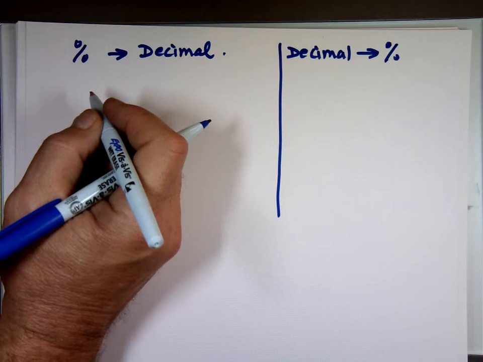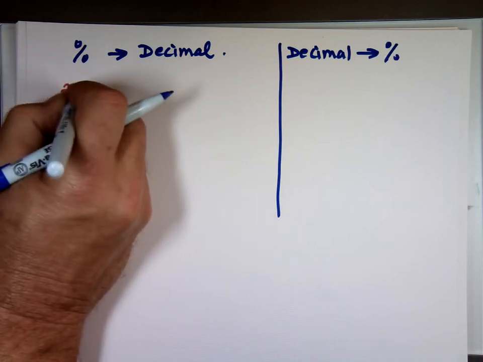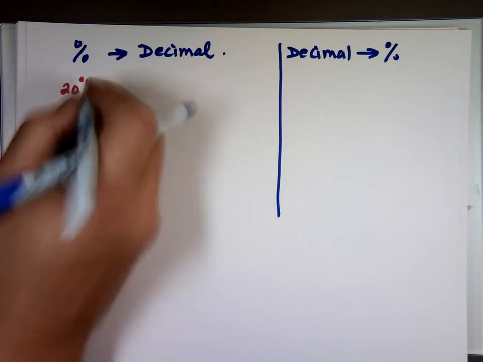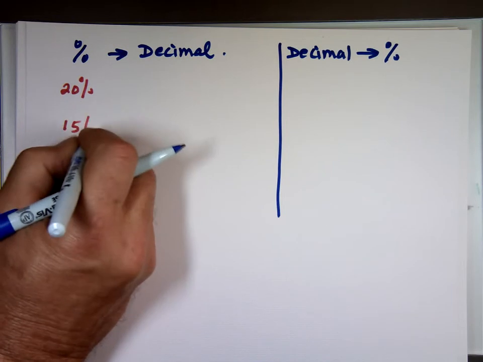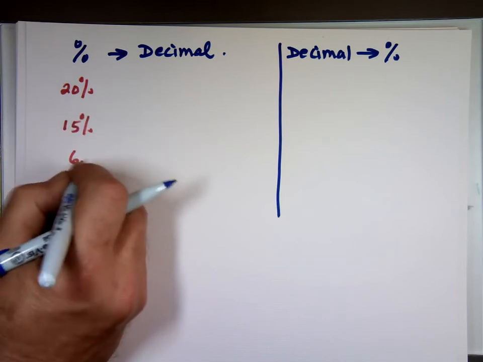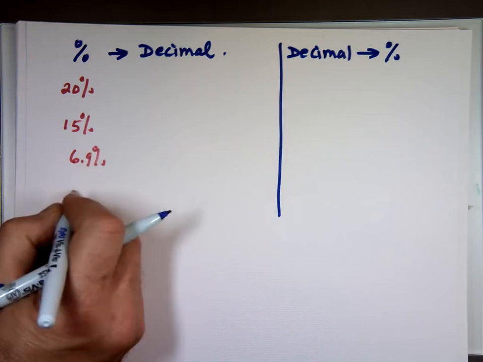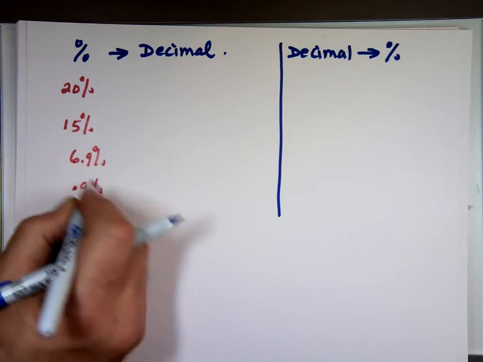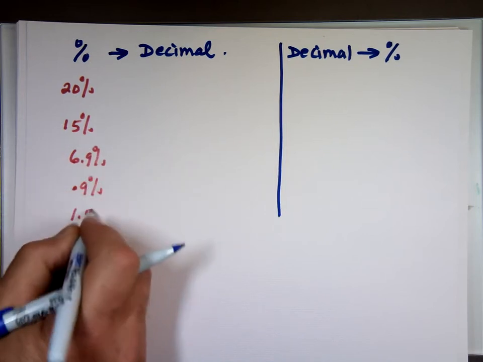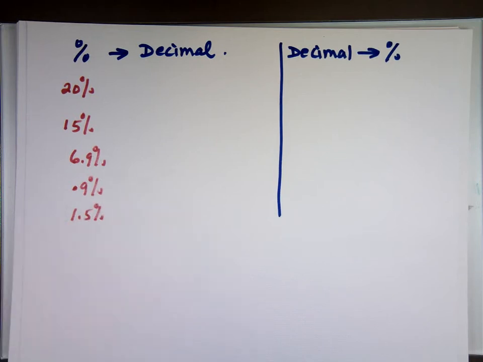We said tip is 20%. What else? I use 15%. I use 6.9%. I use the 0.9%. Maybe 1.5%. How can I convert these percents to a decimal?